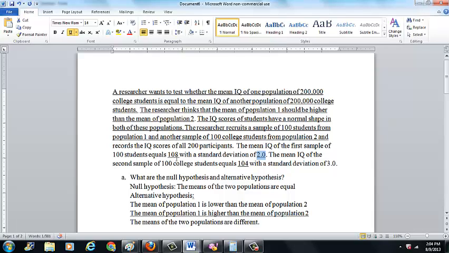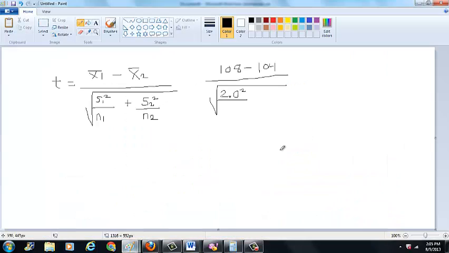The researcher recruits a sample of 100 from population 1, which means the first sample has 100 people.